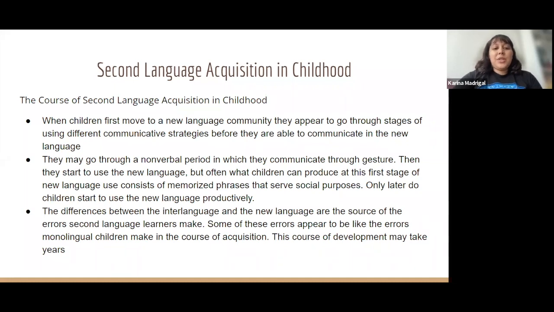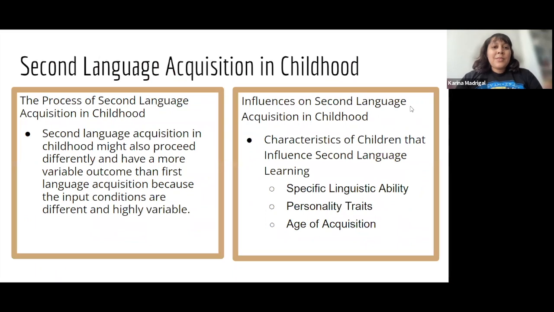The differences between the inner language and the new language are the source of the errors second language learners make. Some of these errors appear to be like the errors monolingual children make in the course of acquisition. This course of development may take years. And then the next part is the process of second language acquisition in childhood.